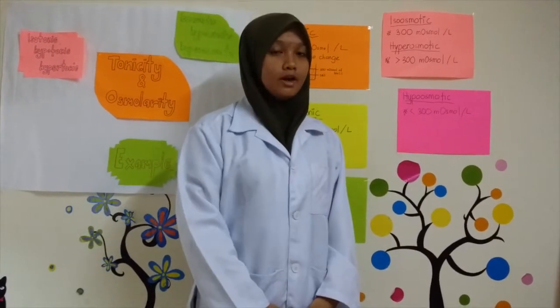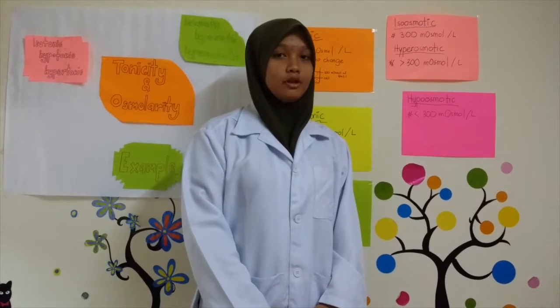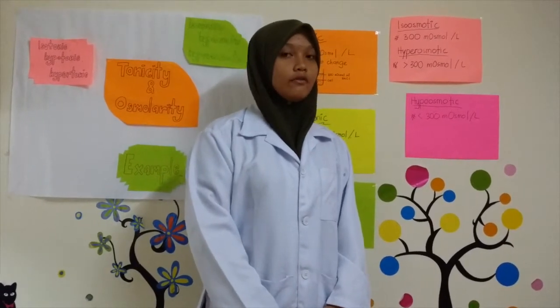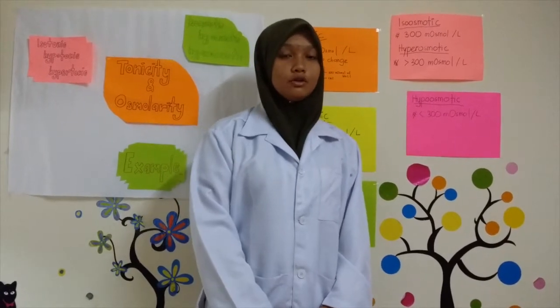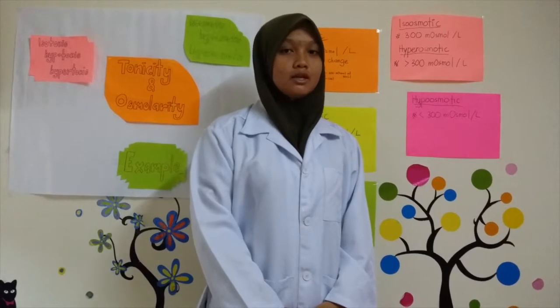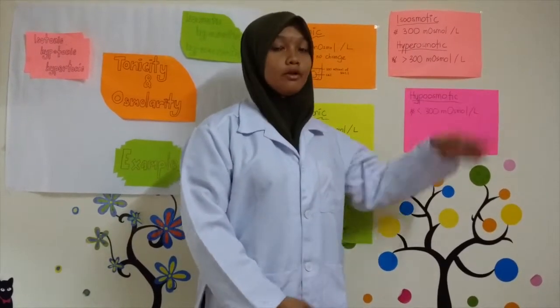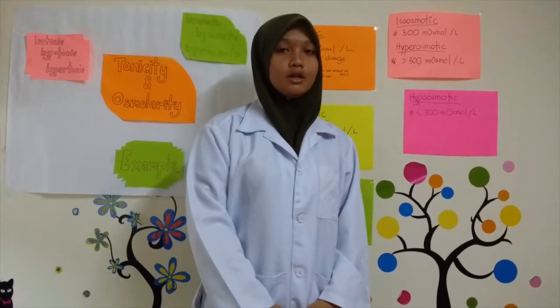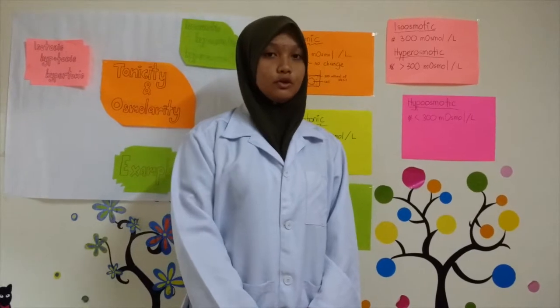For osmolarity, isoosmotic can be defined as a solution of 300 milliosmoles per liter of solutes, regardless of the composition of non-penetrating and membrane-penetrating solutes. Next is hyperosmotic. Hyperosmotic is a solution containing greater than 300 milliosmoles per liter of solutes, regardless of the composition of membrane-penetrating and non-penetrating solutes.